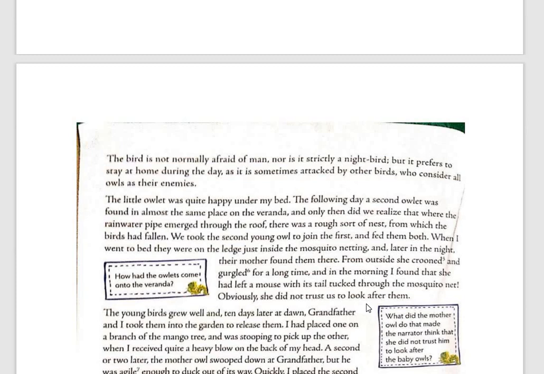Rather, it likes to stay home during the day, and during the night time it goes hunting for its prey. Another cause is also there for why it hides itself in the daytime: in the daytime, some other birds think that these owls are their enemies, so they will attack the owls. That is why the owl prefers to stay home during the day, and in the night time it will go out.